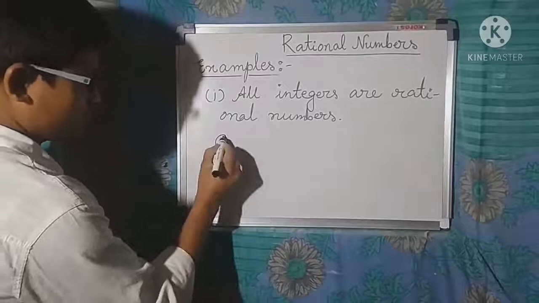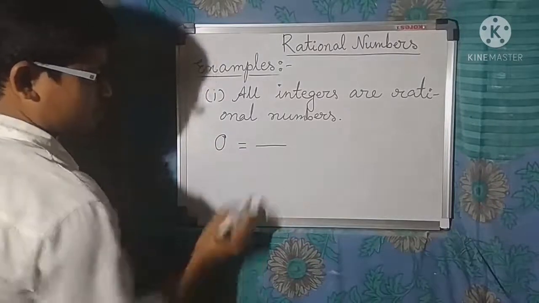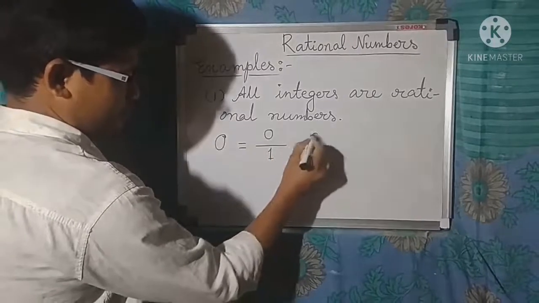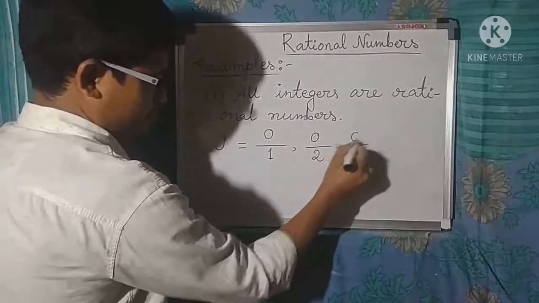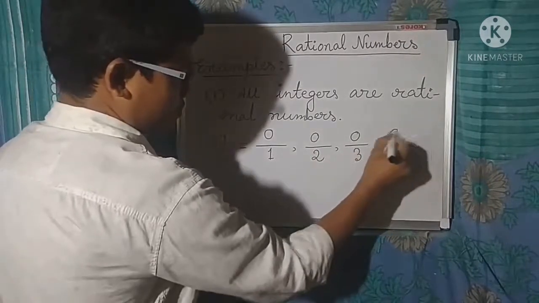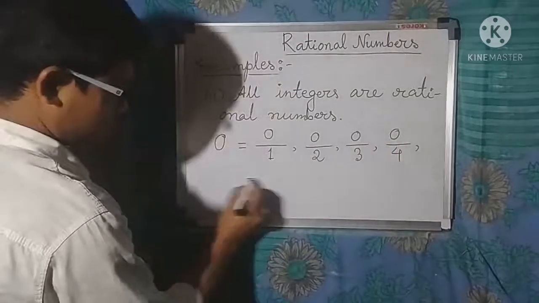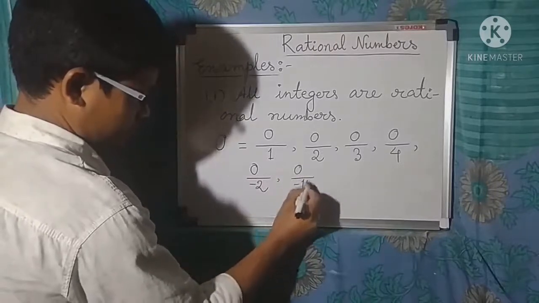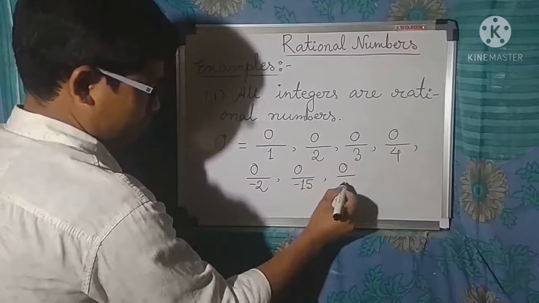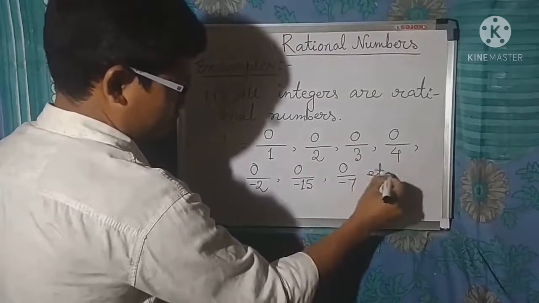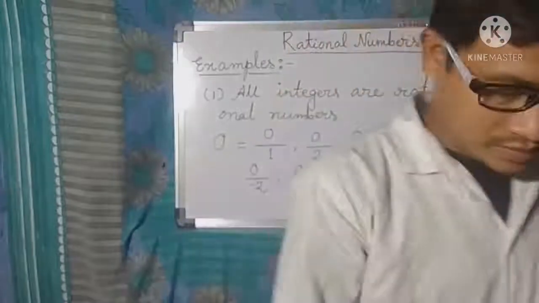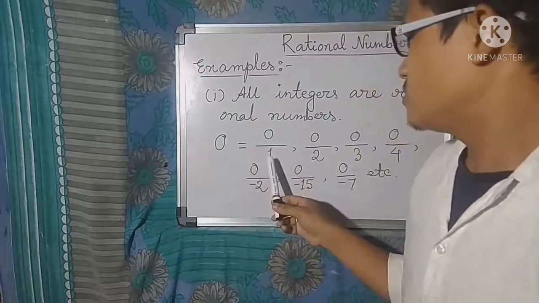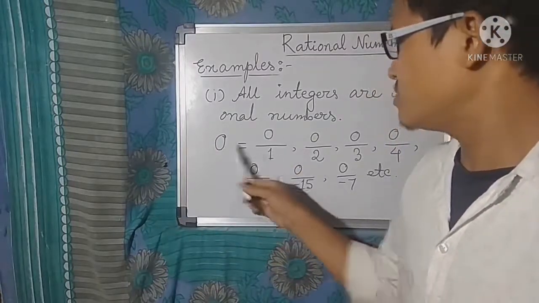Zero. So 0 can be written in the form of p by q. 0 by 1. 0 by 1 means 0 itself.